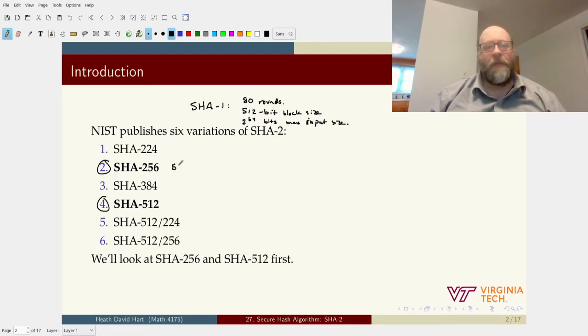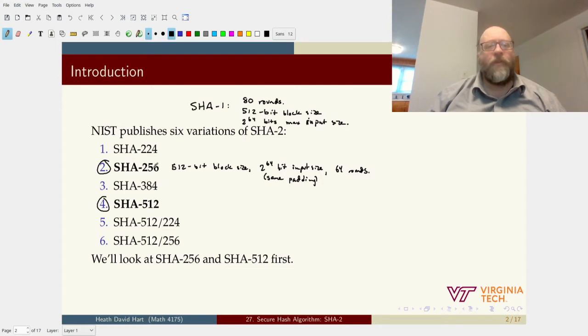It still uses a 512-bit block size, and it uses the same message padding, which means it has the same 2 to the 64th bit input size because of the same padding algorithm. But it encodes a little faster. It's only 64 rounds.